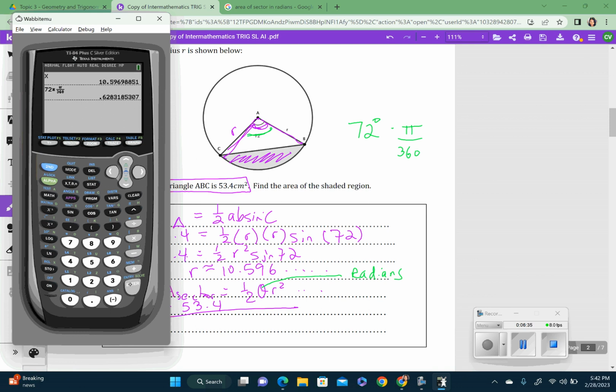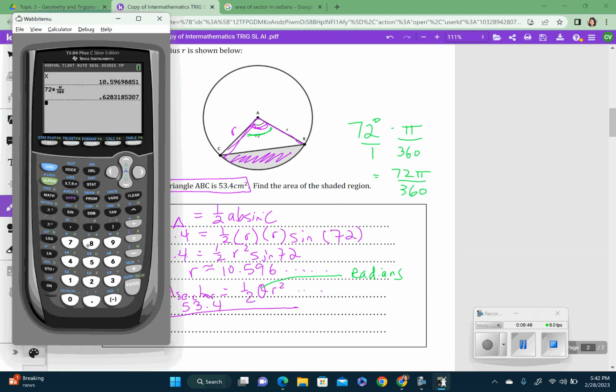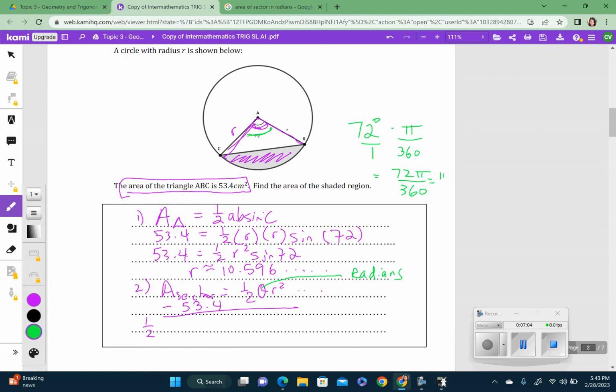You could also go ahead and do this: 72 times pi is equal to 72 pi over 360 degrees. So if I take my calculator and just rewrite alpha y equals option number 1, if I just reduce 72 over 360 and leave the pi out of it, that is the same thing as 1 over 5. So this is going to be the same thing as pi over 5.